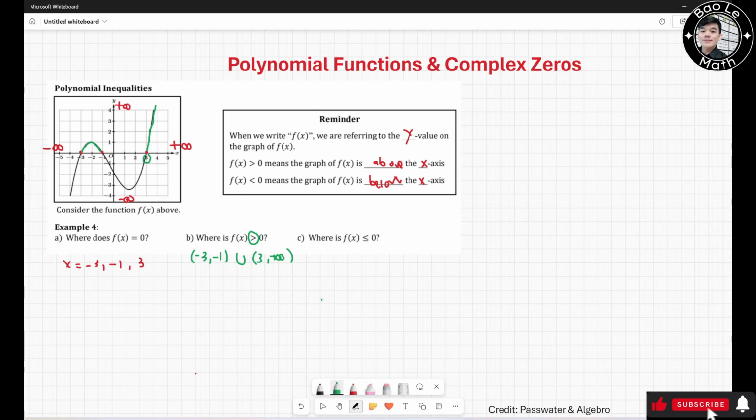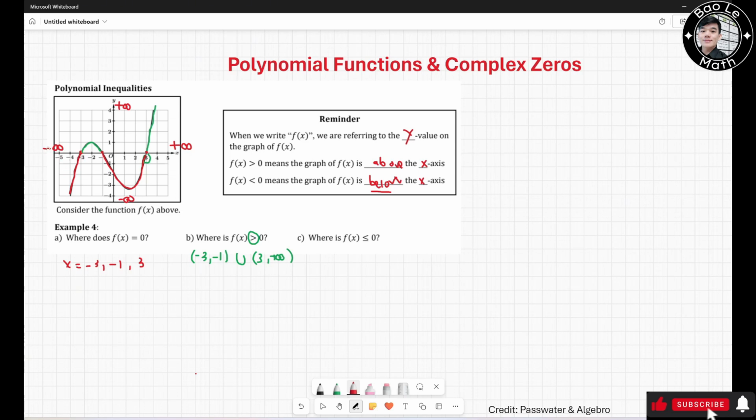Right? Now question C. Where is f of x less than or equal to 0? Right? So less than or equal to 0, which means the graph must be below the x-axis. So below the x-axis, which means this part right here, and this part right here. Alright, so we look for the interval, right?